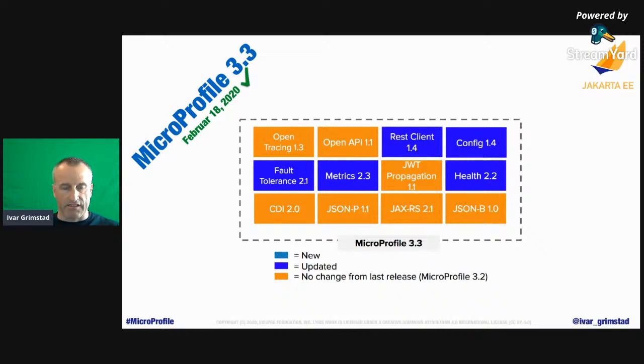On top of this, you have 8 specifications that solve common problems in microservice architectures, such as OpenTracing, which solves the traceability issues, and OpenAPI, which documents your services. You have REST Client for doing type-safe calls, Config for externalized configuration, Fault Tolerance for circuit breakers and fallbacks, Metrics for measuring your applications, JSON Web Token propagation to secure your services, and Health Checks to ensure that your services are up and running before you start calling them.